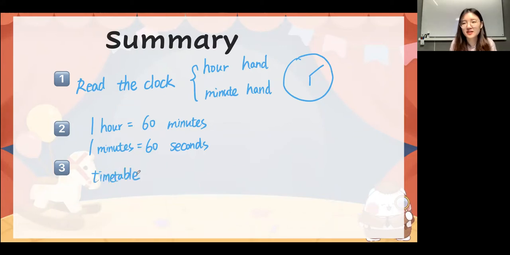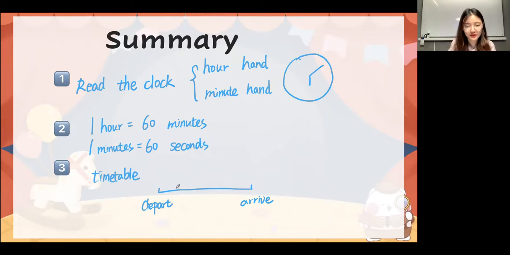So the timetable is very, very important in mathematics, and you can use it in your daily life. Like when you take the subway or take the train, you need to check the timetable, right? So if we have the depart time, okay, I will write it like this: depart and arrive.